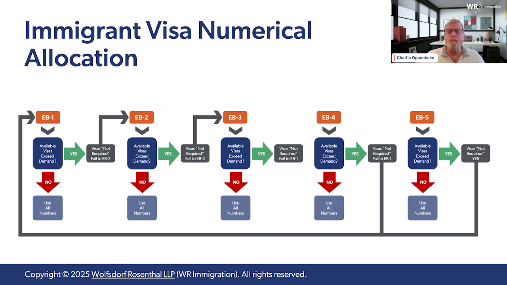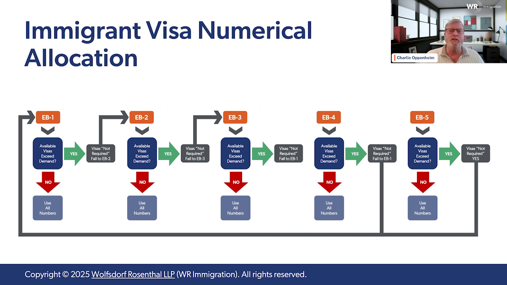In the employment fourth preference and fifth preference, if there is not sufficient demand to use all the available numbers under those annual limits, those unused numbers fall up to the employment first preference, EB1. And that process for many, many years allowed the employment first preference to be current for all countries.